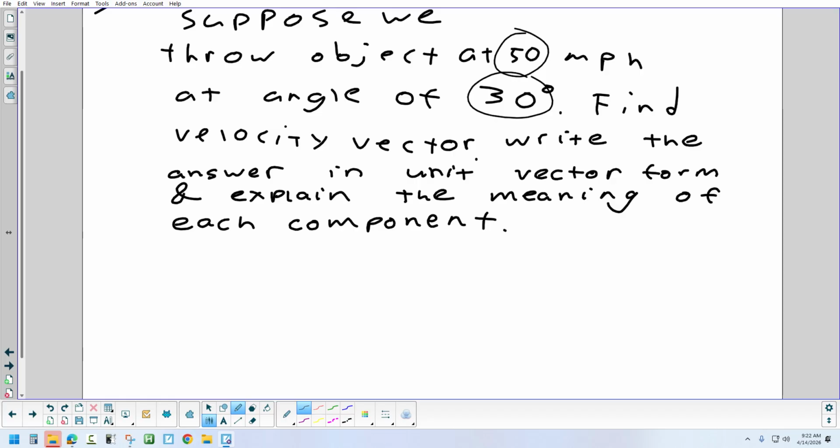Yep. And can you fill in what we have for our problem? So it would be 50 cosine 30. We'll do that out. That's what goes in front of i. And then what about the part that's going to go in front of j? Yep. 50 sine 30.